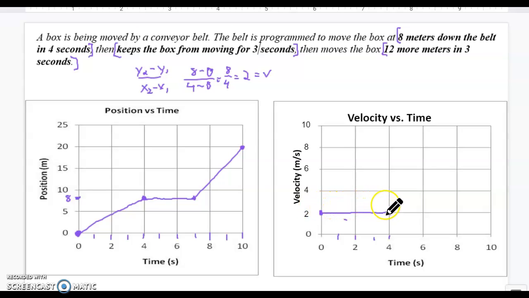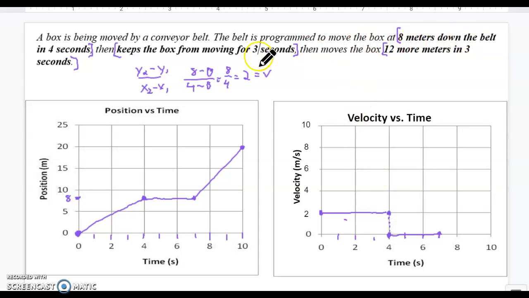Its velocity is 2 for those 4 seconds. The next part, the velocity is 0. It wasn't moving. And so when you got a flat line, you know it's 0. So I can draw that for the next part. Its speed is 0 over the next 3 seconds. 1, 2, 3. And I can connect this with a straight line, do a dotted line down.